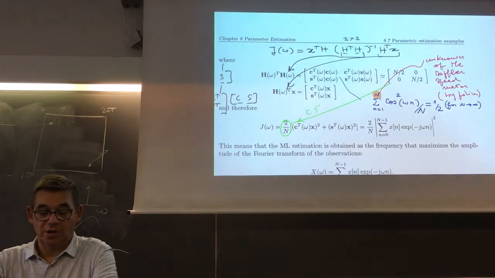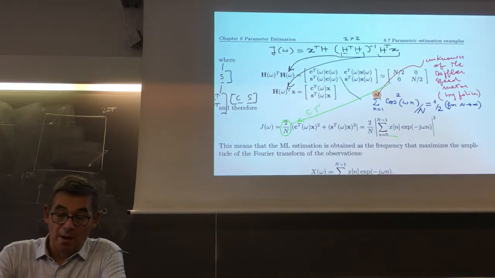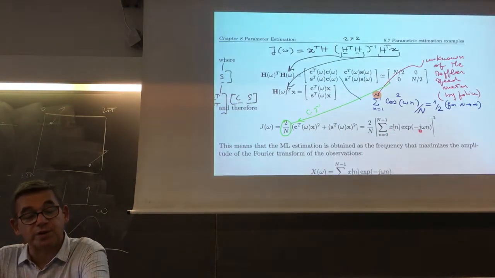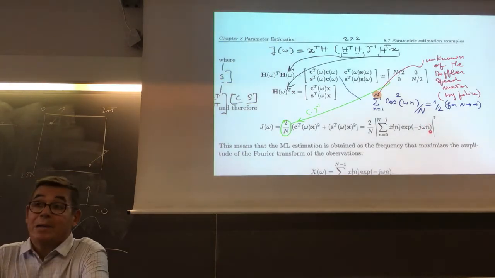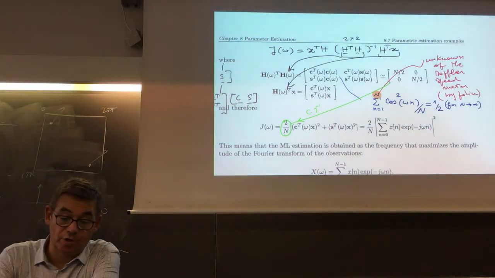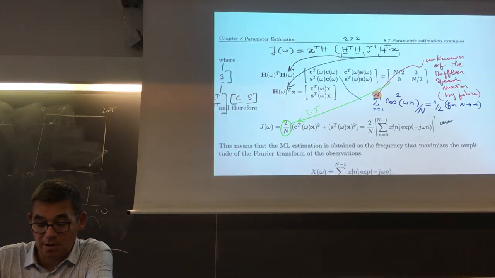Collecting the terms, this is equal to the Fourier transform absolute value squared. So my metric to optimize is simply this. I need to calculate the Fourier transform of the samples, so it is the max of the Fourier transform of the samples like that.